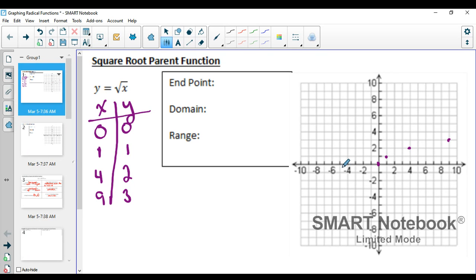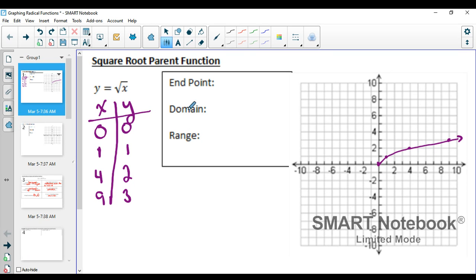So it'll keep going up, but it won't go below 0. So the graph is going to look something like this. That wasn't the best one. It's hard to draw graphs with this tablet. There we go. So it's going to keep going up, but it's not going to go below the 0 point.